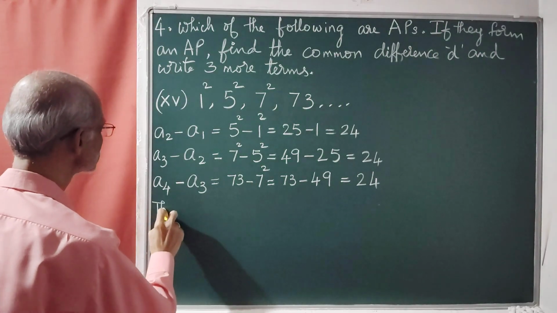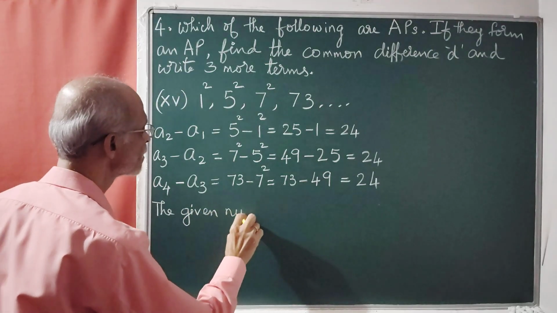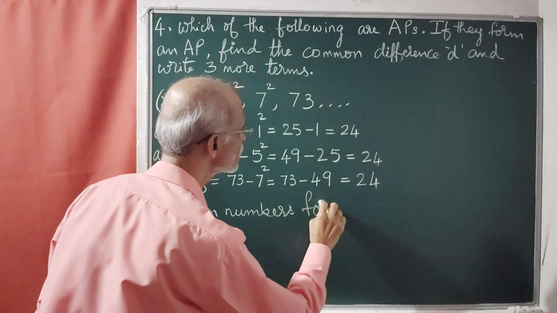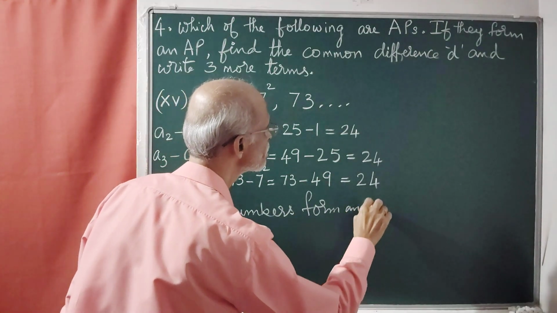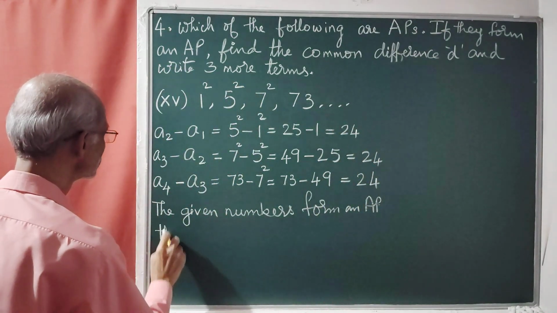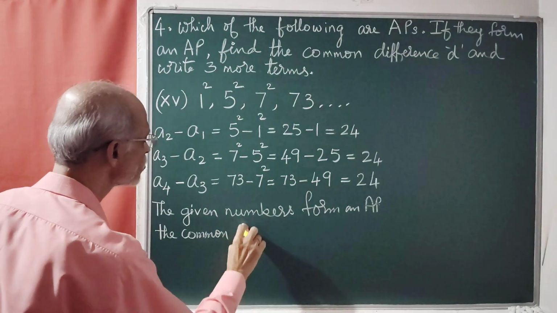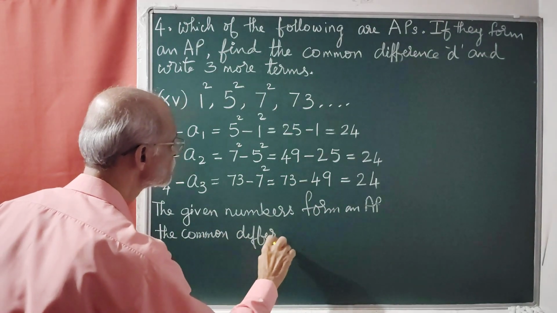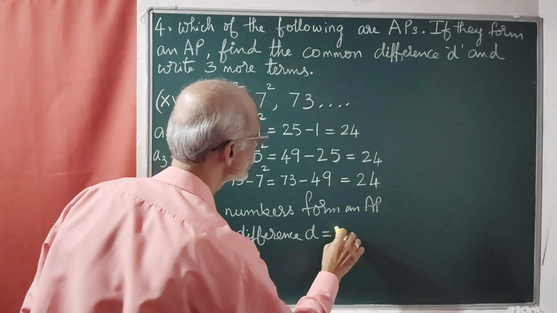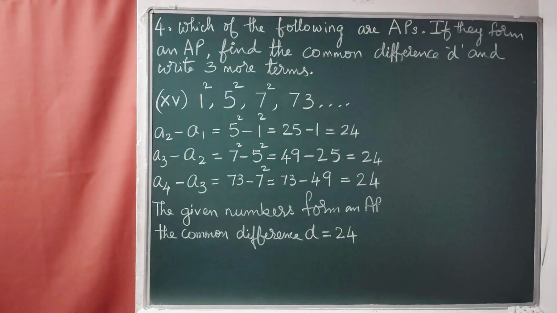The common difference D is equal to 24. Now we need to find the next three terms.